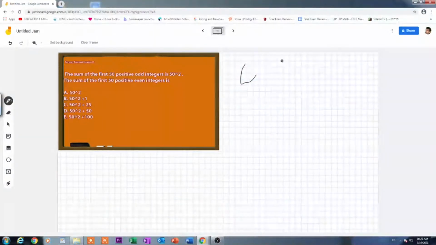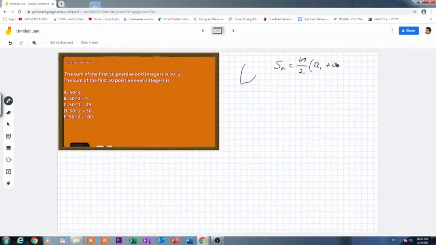The sum of an arithmetic sequence is Sn equals n over 2 times (a1 plus an), where n is the number of terms in the sequence, a1 is the first term, and an is the last term.